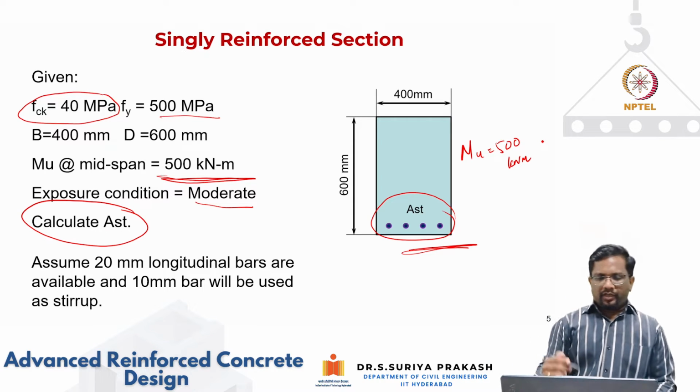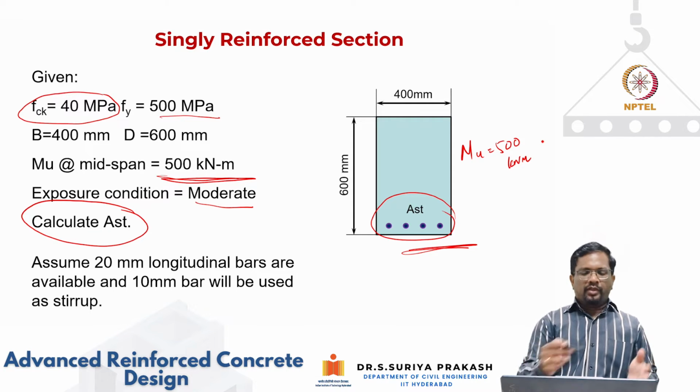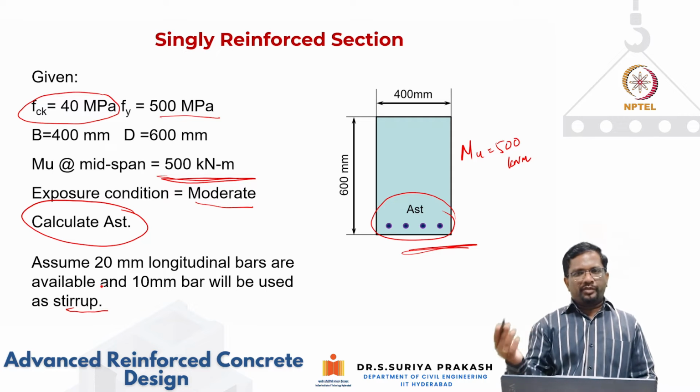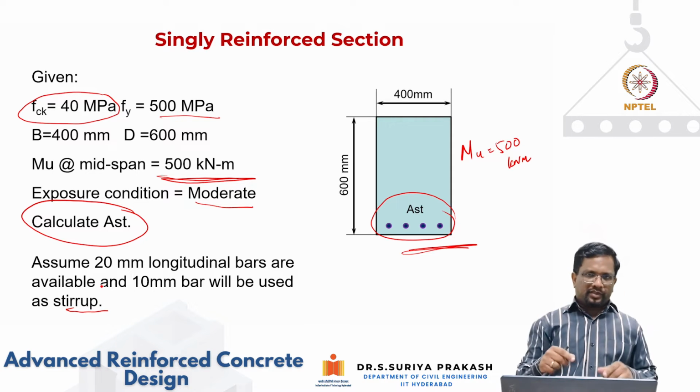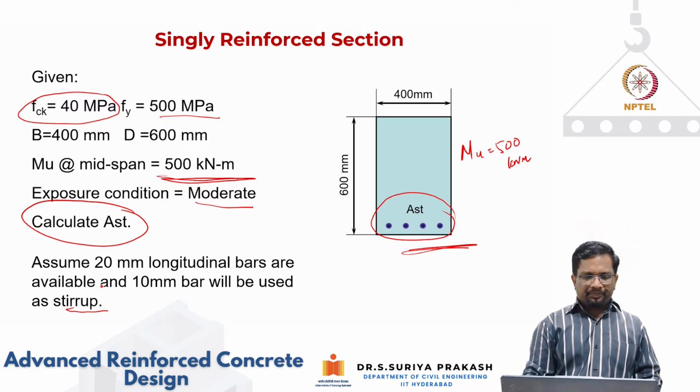The information given to you is that 20 mm longitudinal bars are available, and stirrups are going to be 10 mm bars. Usually stirrups you want to bend on the side, so 8 mm or 10 mm is required. If you have a very heavy requirement and want to increase the spacing, sometimes we go to 12 mm, but not more than 12 mm. 10 mm and 8 mm are the preferred stirrup bar diameters.